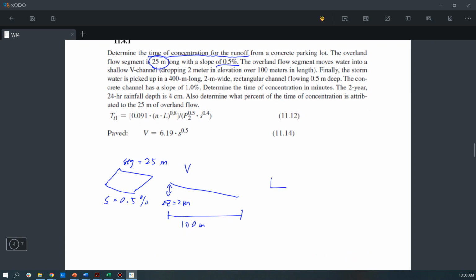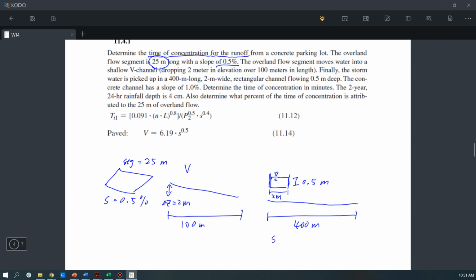Okay, so we then pass to a rectangle channel that is 400 meters long, and the width of the channel is equal to 2 meters. And the flow in this channel is 0.5 meter deep.